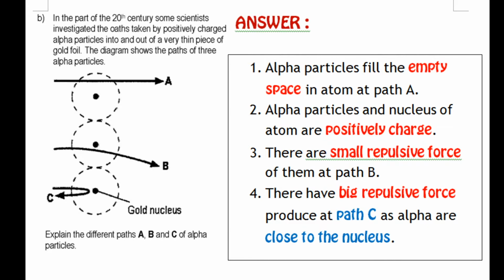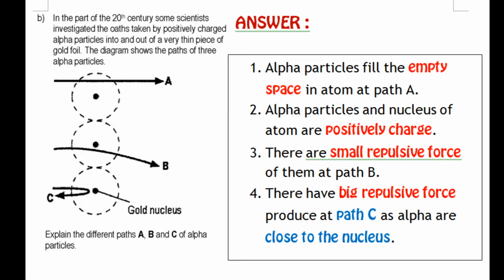Alpha particles, they fill with empty space. So that's why most of the alpha particles go straight, following path A. Okay, alpha particles and the nucleus of the atom are positive charge. So there is a small repulsive force between them at path B. Okay, the center is a positive charge. When they come close, they bend at a small angle.